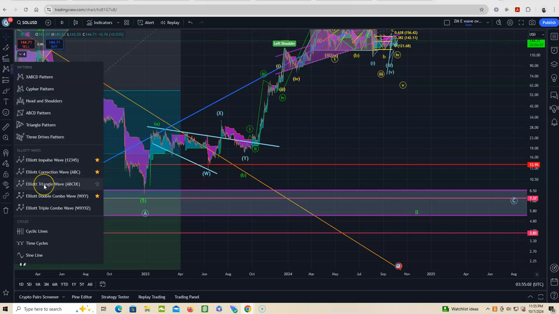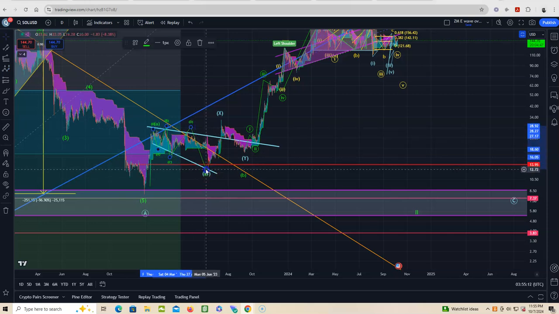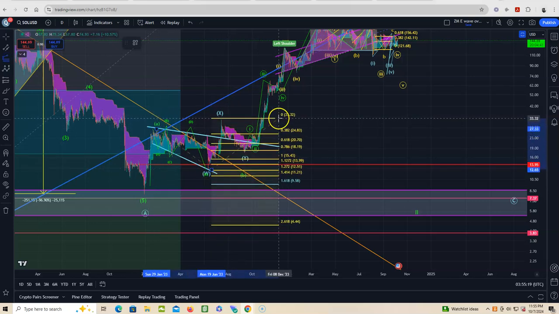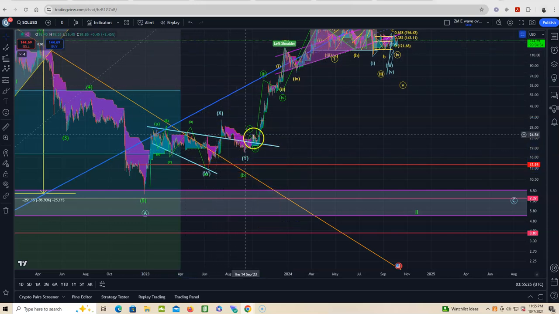Excuse me while I get my handy dandy drawing tool. A, B, C, D, E for a wave W. That gives us a WX truncated Y at the 786, and that can happen, and that often does happen. And that gives us a very, very bullish sign.